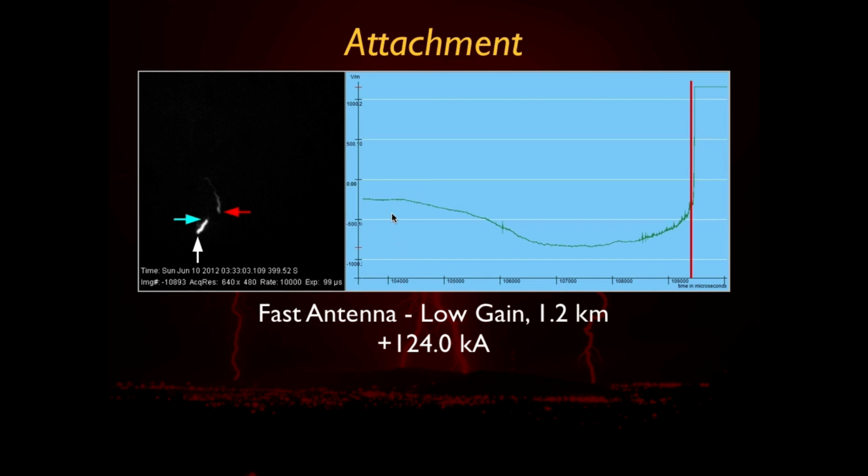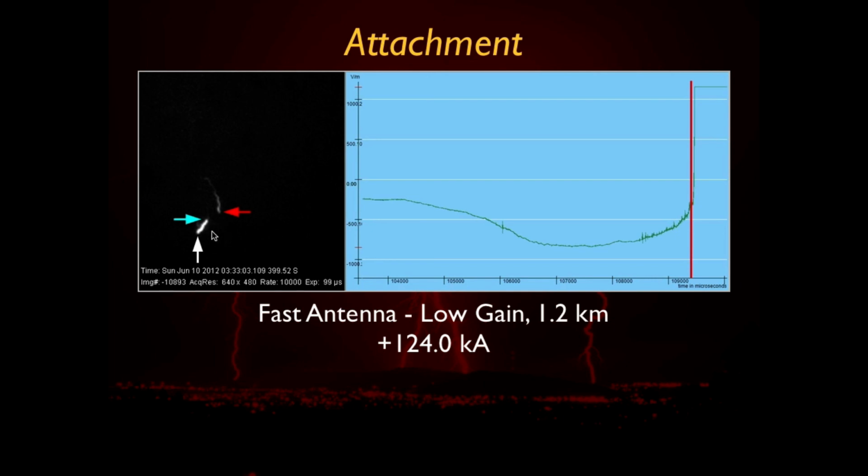And there's been a lot of debate as to whether positive leaders step, and in the literature there have been a number of reports of stepping in the last few milliseconds of a positive cloud to ground flash, and that's been attributed to the positive leader itself.